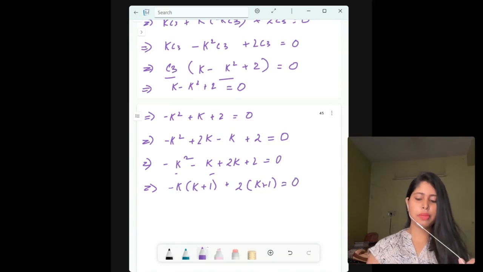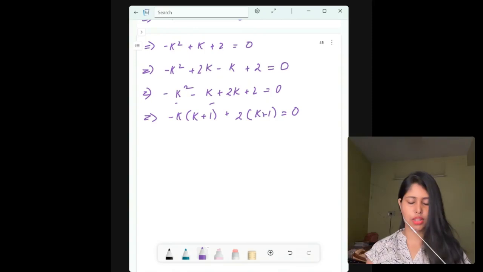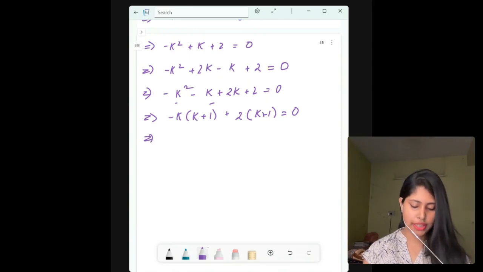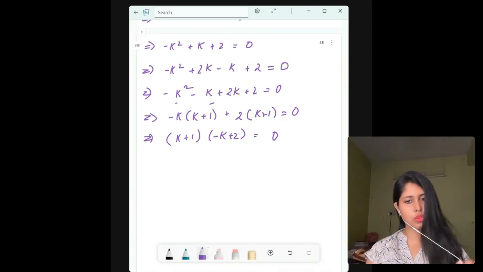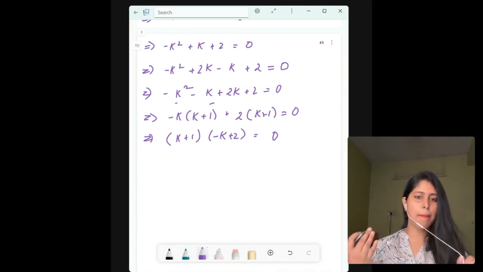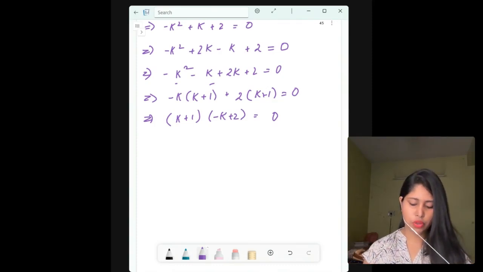So from here we can see that K plus 1 is in one group and minus K plus 2 is in another group. So let me write it down. K plus 1 and minus K plus 2 is equal to 0. So from here we get two solutions of K, right? K is either minus 1 or K is equal to 2.